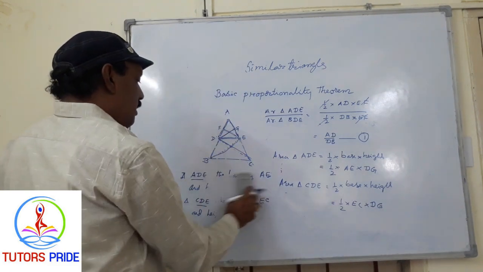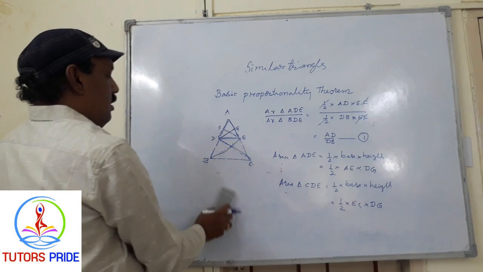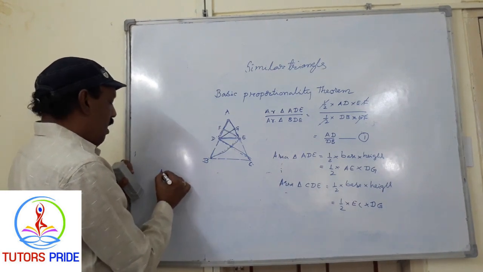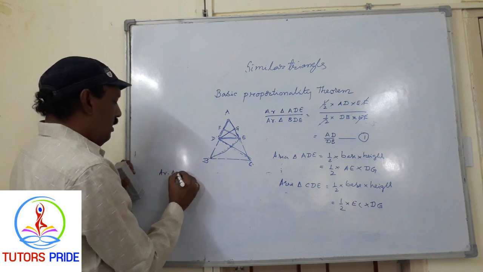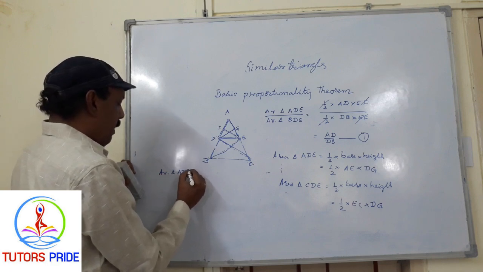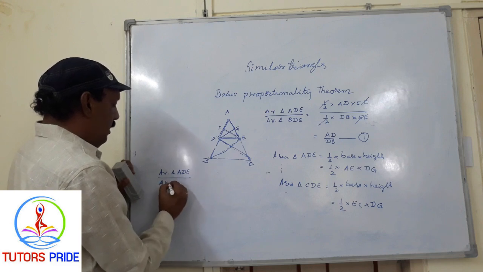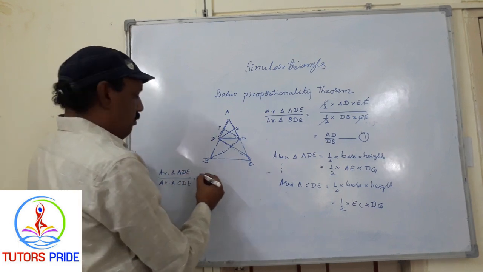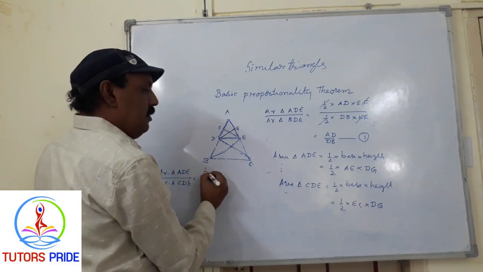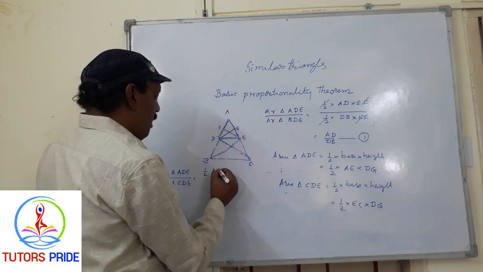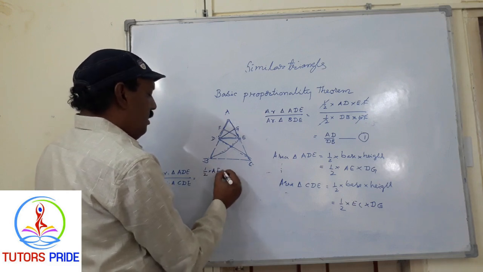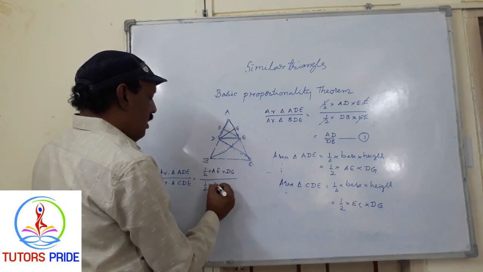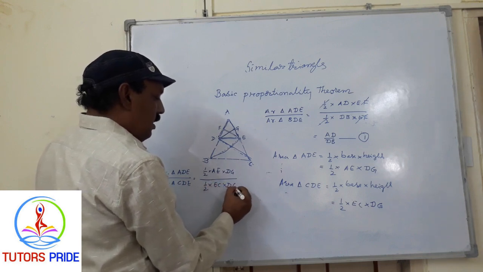Again, now I am taking the ratio of this pair of triangles. That means the area of triangle ADE by the area of triangle CDE is equal to half into AE into DG, and same time half into EC into DG.